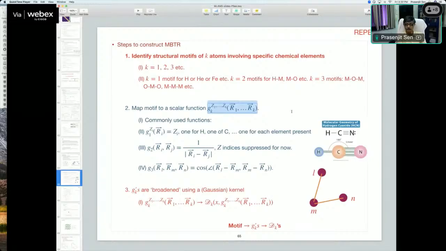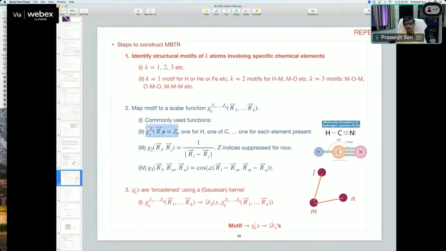K equal to 2 means 2 atom motifs, and so on. And the R1 etc. up to Rk denotes the positions of the atoms forming that motif. And I showed you examples of this molecule HCN, which we worked with earlier. And here it's a general 3-body motif with atoms L, K, and N.